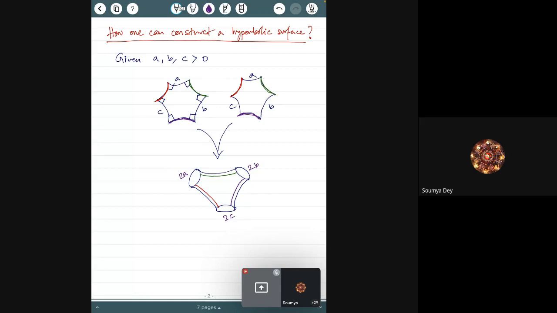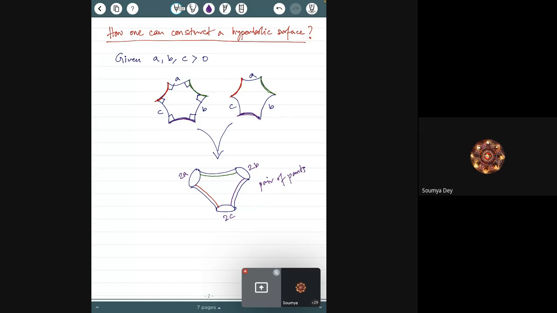Okay. So we have managed to get, we're calling it a pair of pants. Okay. So it's called a pair of pants. So we have managed to get a pair of pants which is constructed using two polygons from the hyperbolic plane. So this has a hyperbolic structure, right? It is a hyperbolic pair of pants.